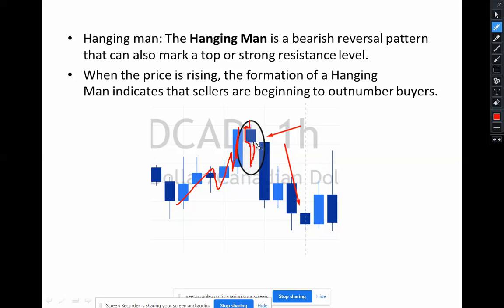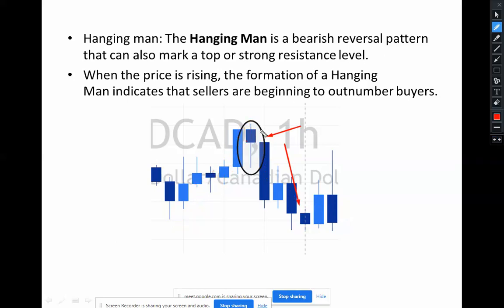Buyers pushed the price to this point, but the candle itself is still red. That still indicates the sellers are still in control of the market. So when this kind of pattern forms, it indicates a trend change to the downside. This is what we call the hanging man.